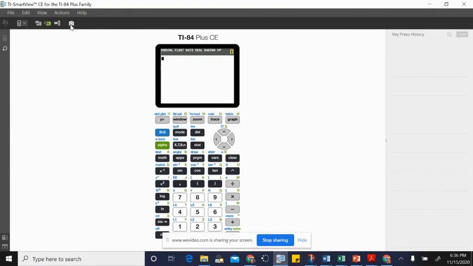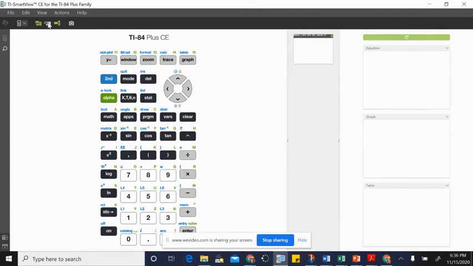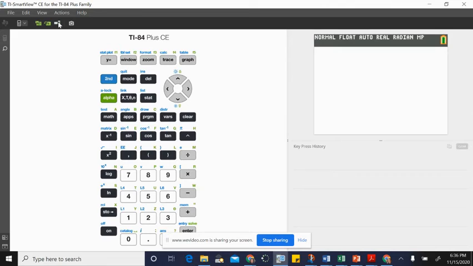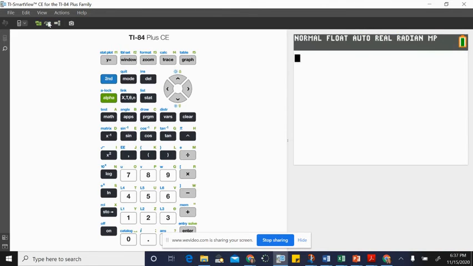I just want it nice and simple right now. So this is the output screen, and then these are the buttons you can push.